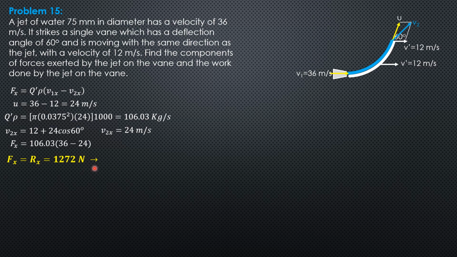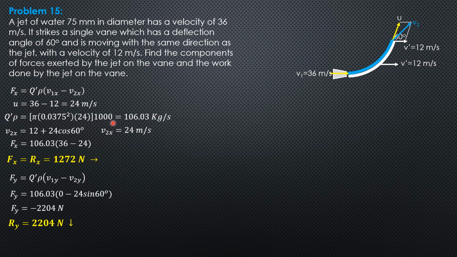Then Fy equals q prime rho quantity v1y minus v2y. v1y is 0, then v2y is just the y component of u, so 24 sine of 60. Fy is 106.03 quantity 0 minus 24 sine of 60. So Fy is negative 2204 newtons, therefore Ry, which is equal to Fy, is 2204 newtons downward.